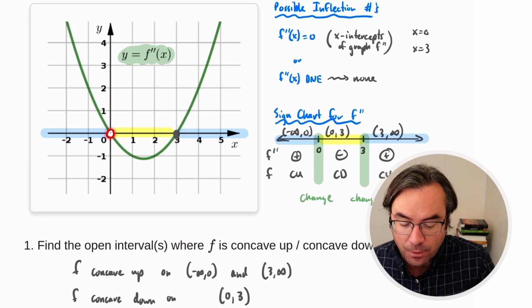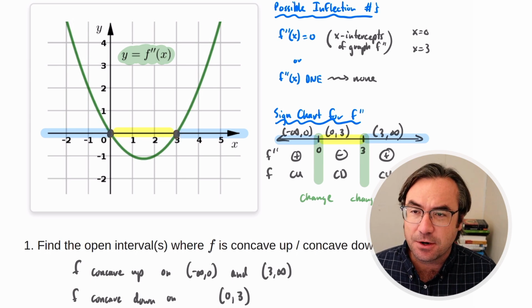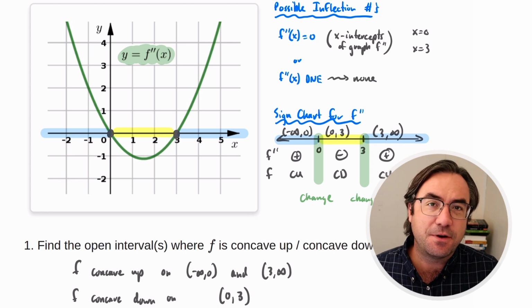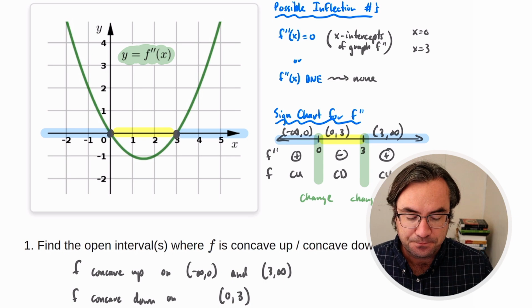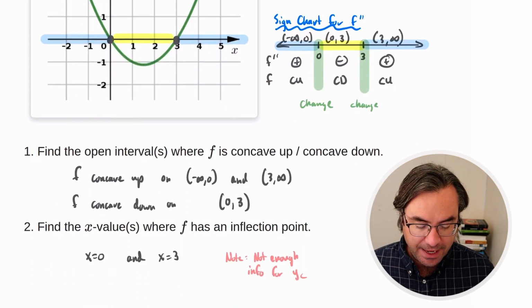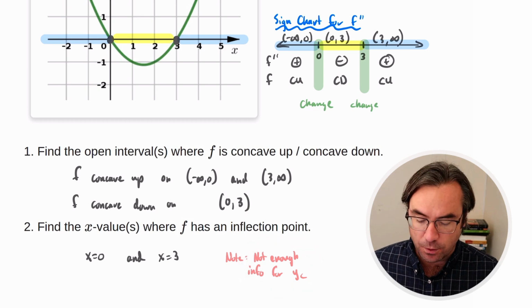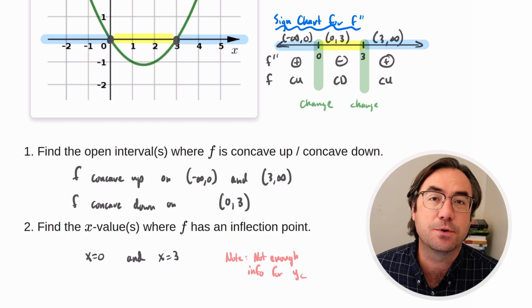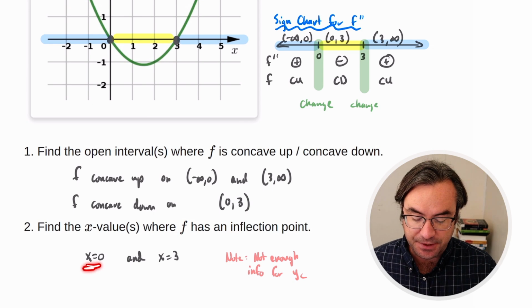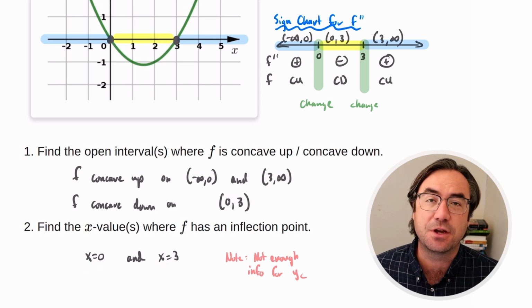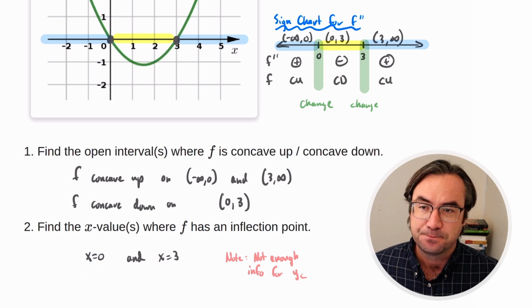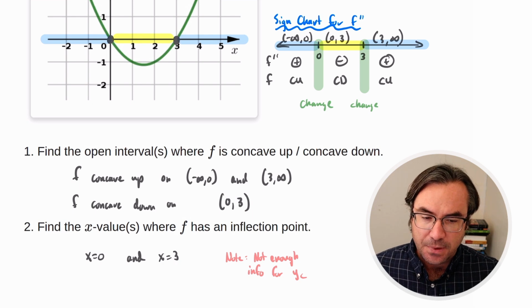So yeah, the y coordinate for these points is both 0, but that doesn't mean the original function has to have a y coordinate of 0 for those points. So we don't actually have enough info to get the y coordinate for what the original function is doing at each of these places. All we know is that these are the locations where f is going to have an inflection point. Okay.